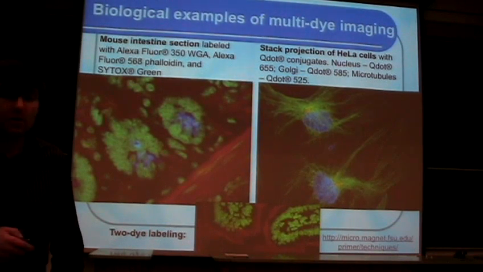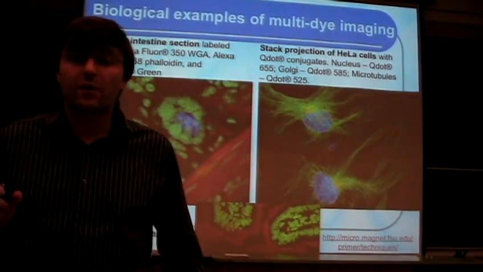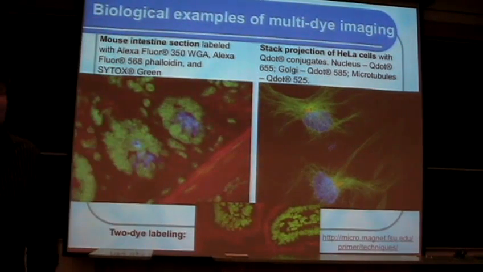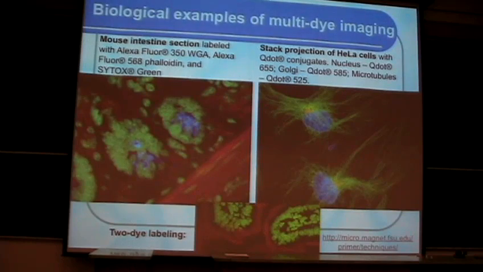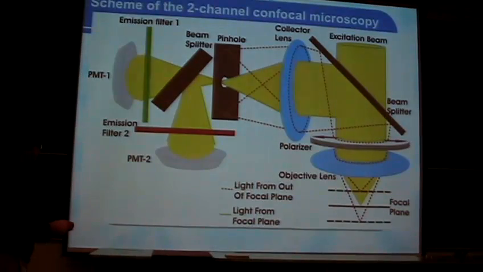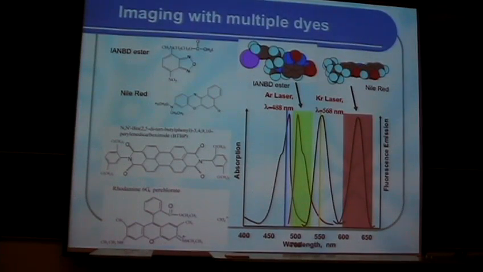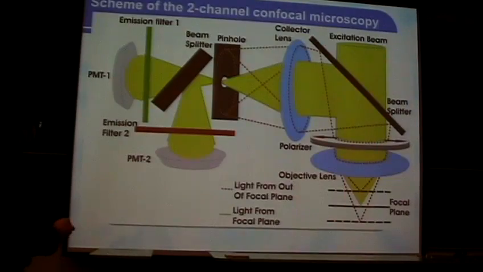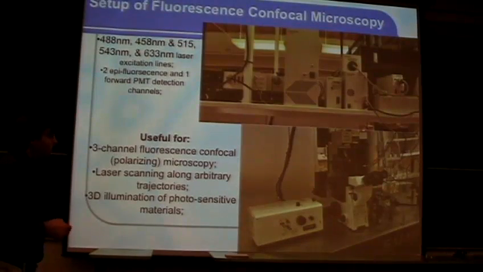Everything depends on how many different dye molecules you have in the sample, and of course if you want to do labeling of the sample with multiple dye molecules, it's important to have relatively narrow absorption and fluorescence bands so that there would be no significant overlap, and those studies could be carried out effectively.